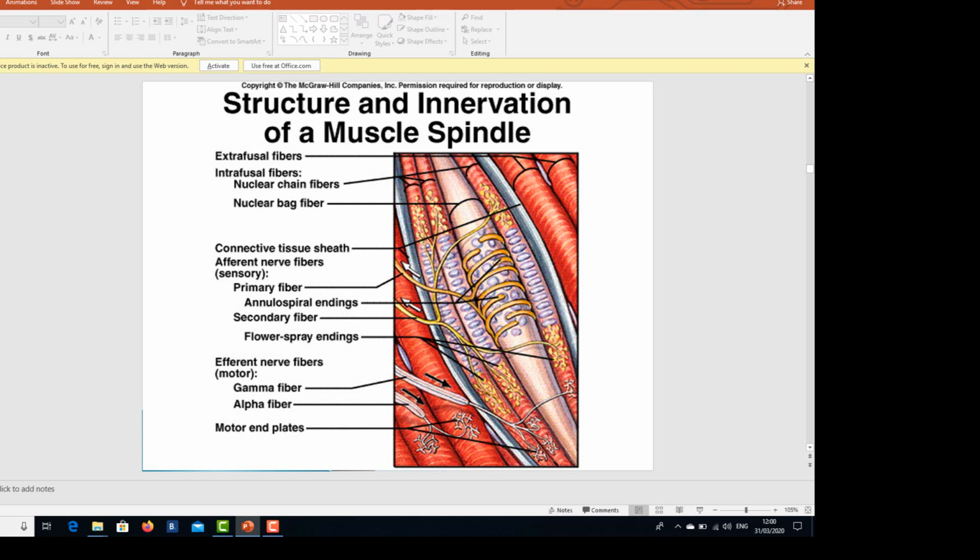So you all are supposed to draw the structure of muscle spindle, showing both the efferent as well as afferent supply.